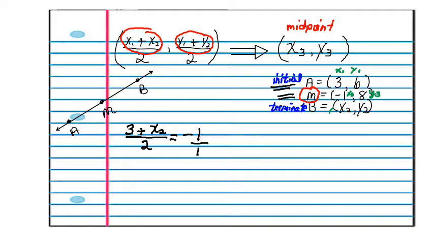So we're just really going to cross multiply here. And we get -2 equals our 3 plus our terminating point at the x's, x2, minus the 3, minus the 3. And doing the math, you'll see that the terminating point for our x's here is at -5.